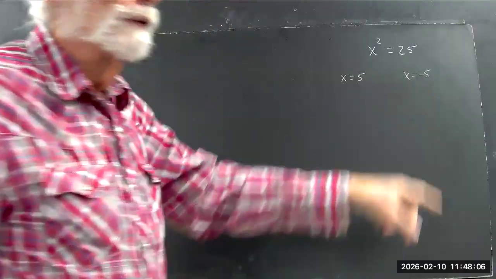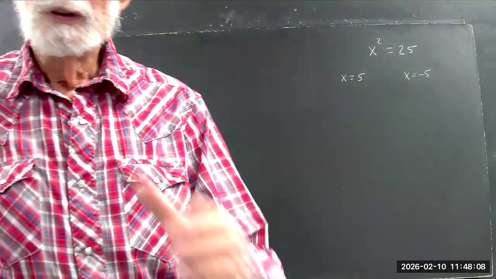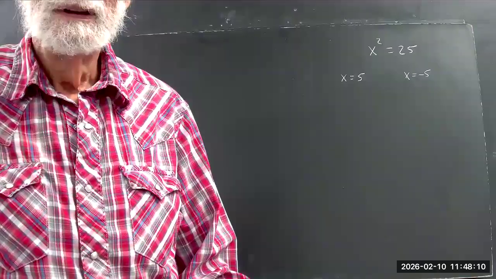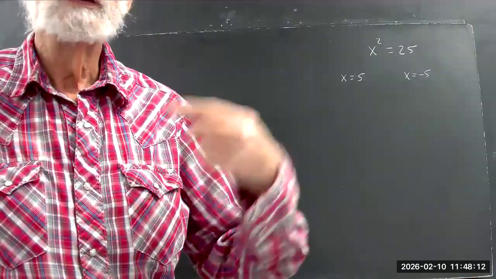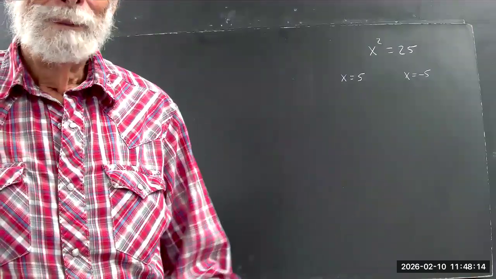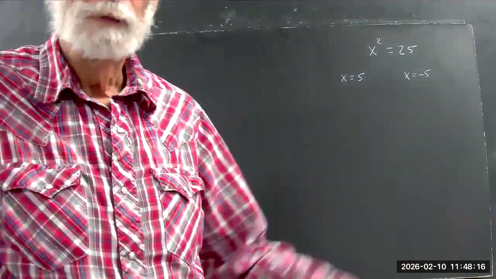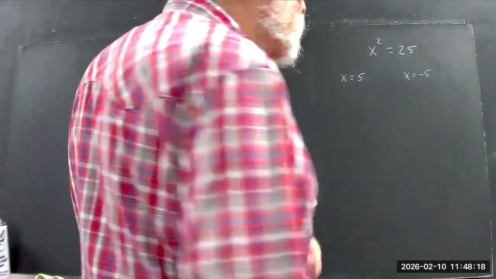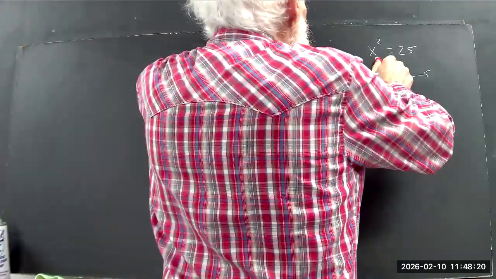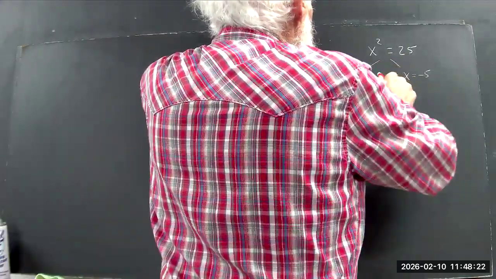X equals -5 is also a solution because -5 times -5, you multiply a negative by a negative, you get a positive, right? And 5 times 5 is 25. So this equation splits into 2.